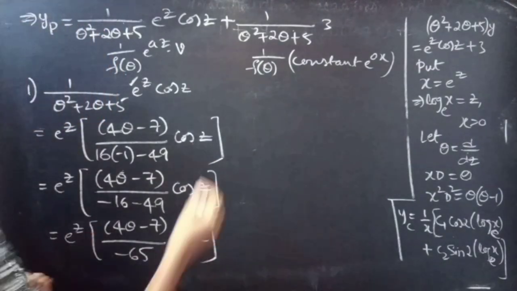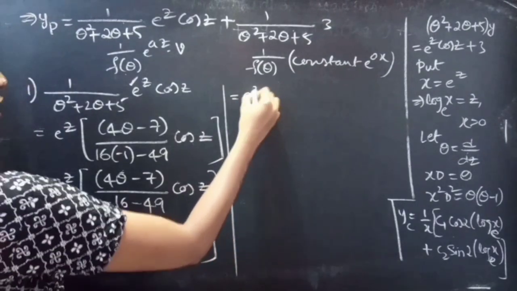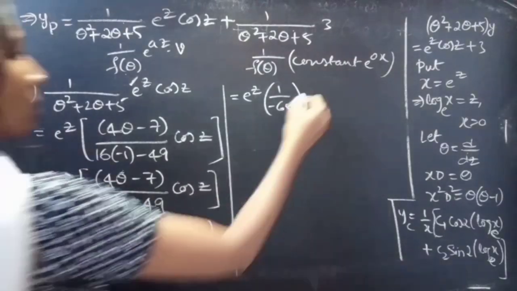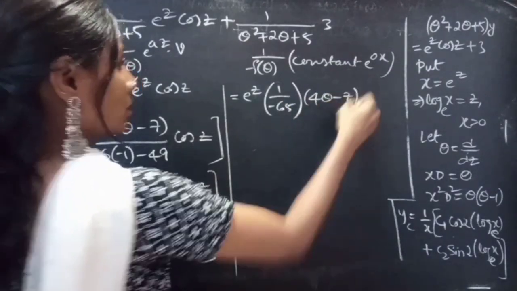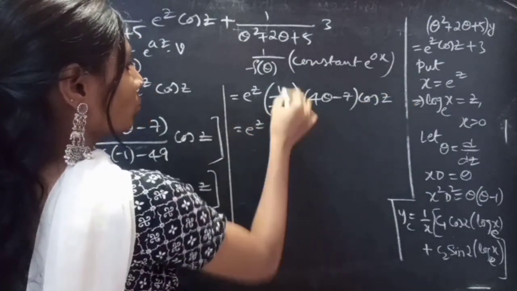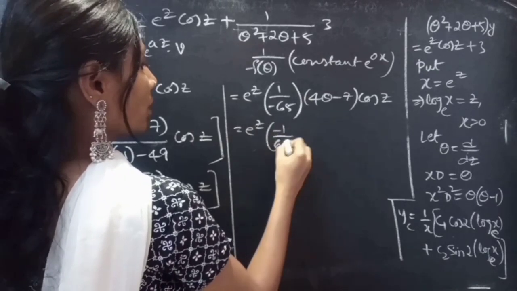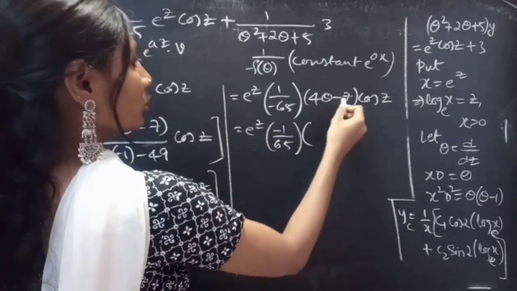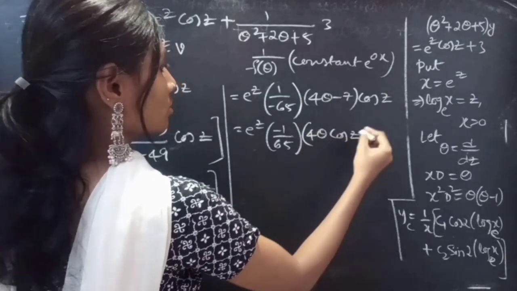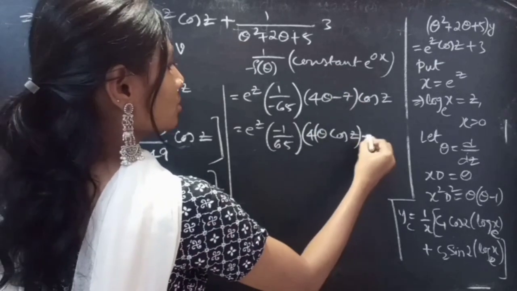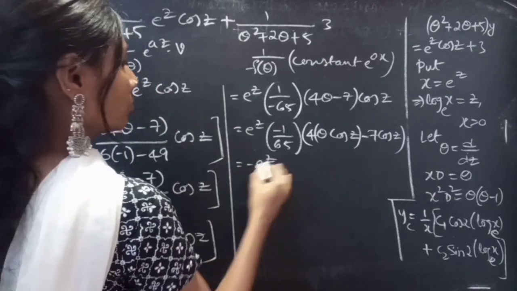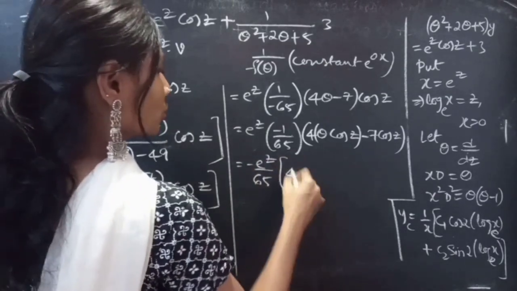Now we can split this fraction as e^z into 1 by −65 into (4θ − 7) into cos z. We can write 1 by −65 as −1 by 65. (4θ − 7) into cos z is 4θ of cos z minus 7 cos z.